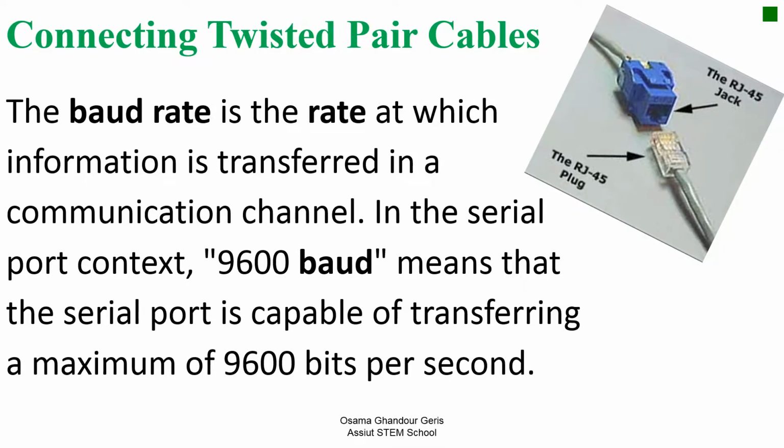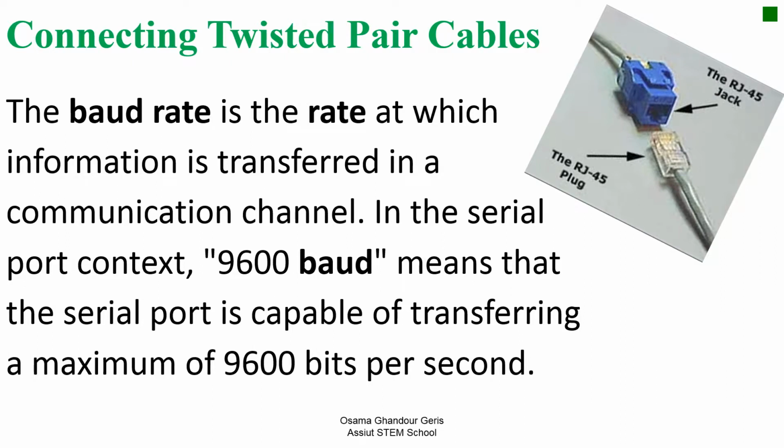So connecting twisted pair cables, in this way we connect the cable to the jack and another cable to the jack, and this is the male or plug. Okay. So what is the baud rate?